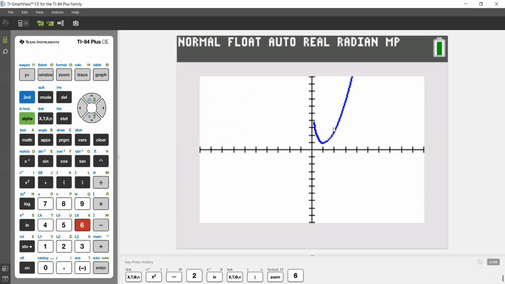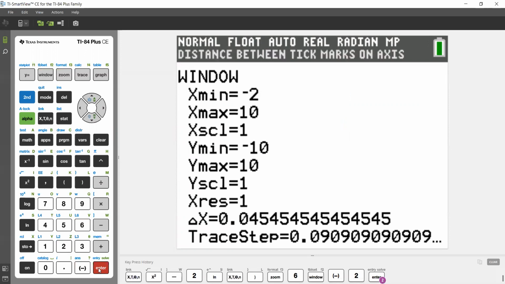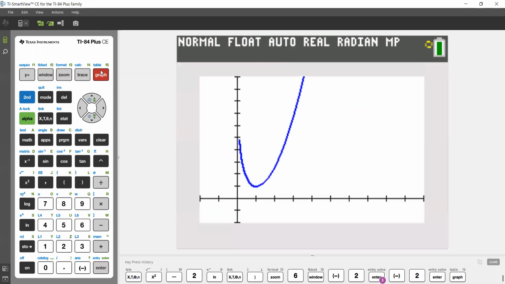Let me see if I can take some space off the left and the bottom of the graph, and even some off the right. All right, I'm going to get a picture of this.